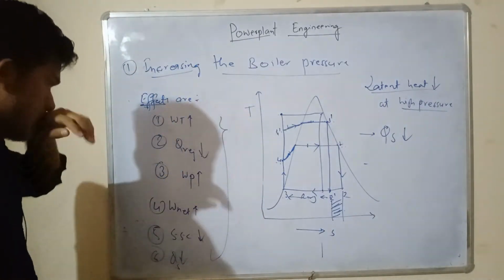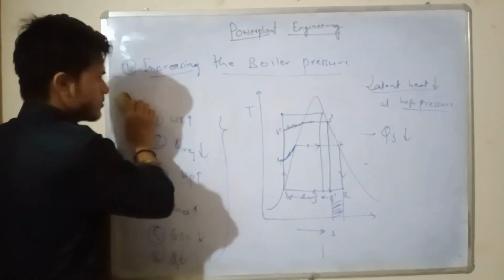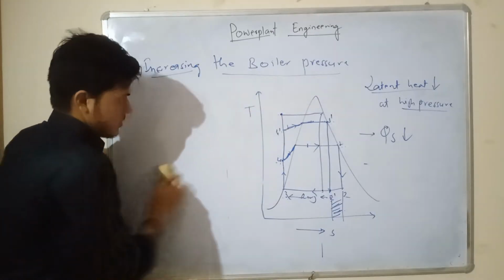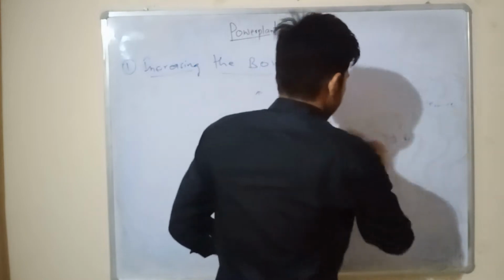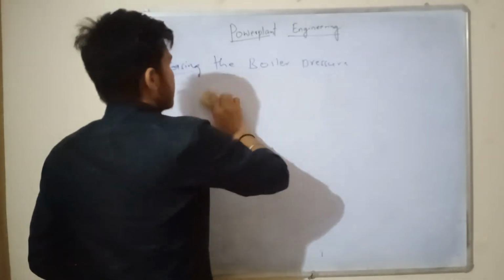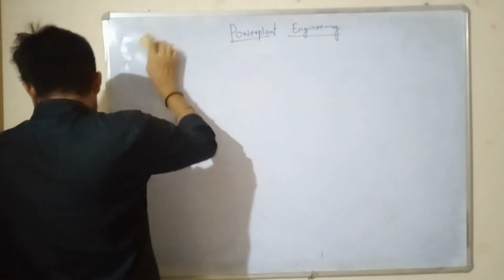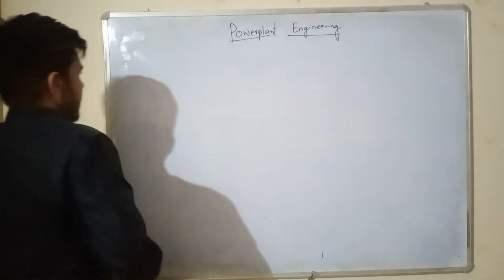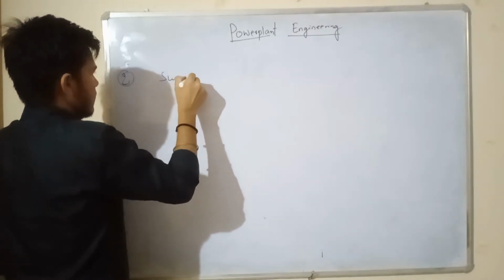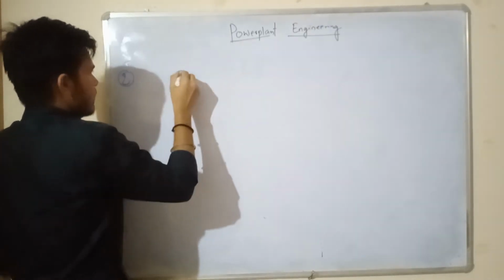So, the second topic. Now I am going to erase it. The second method of increasing the performance of the Rankine cycle is the superheating process.